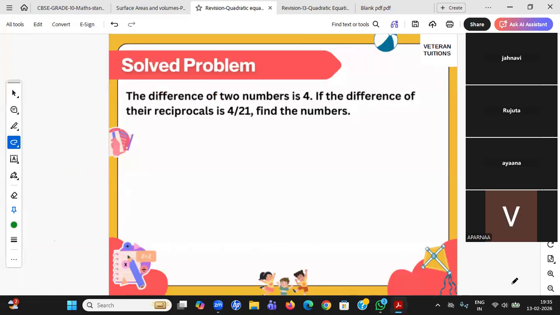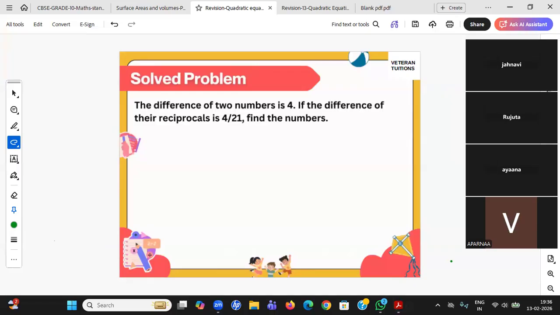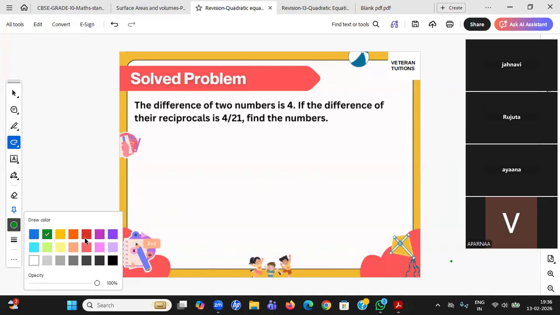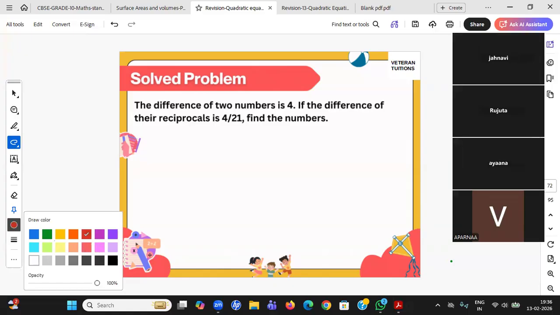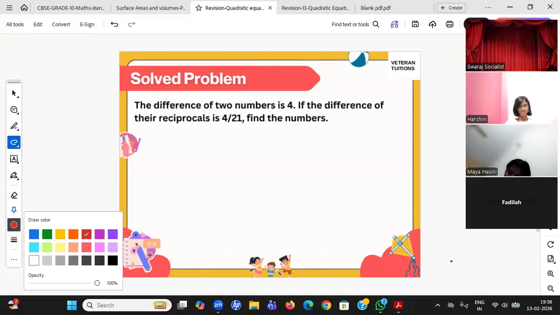Yes, student. Everybody should do this question and give the answer. Yes, Fadila. How to start, student?